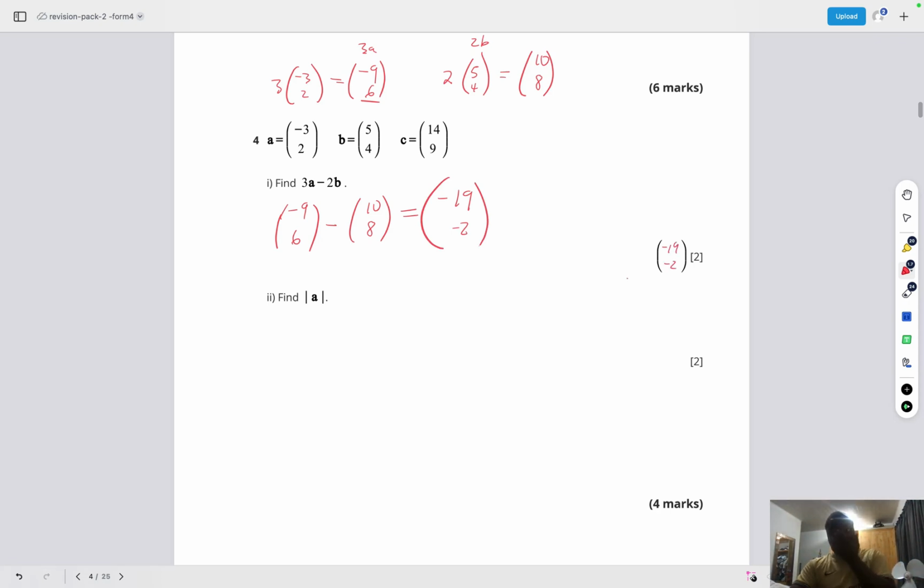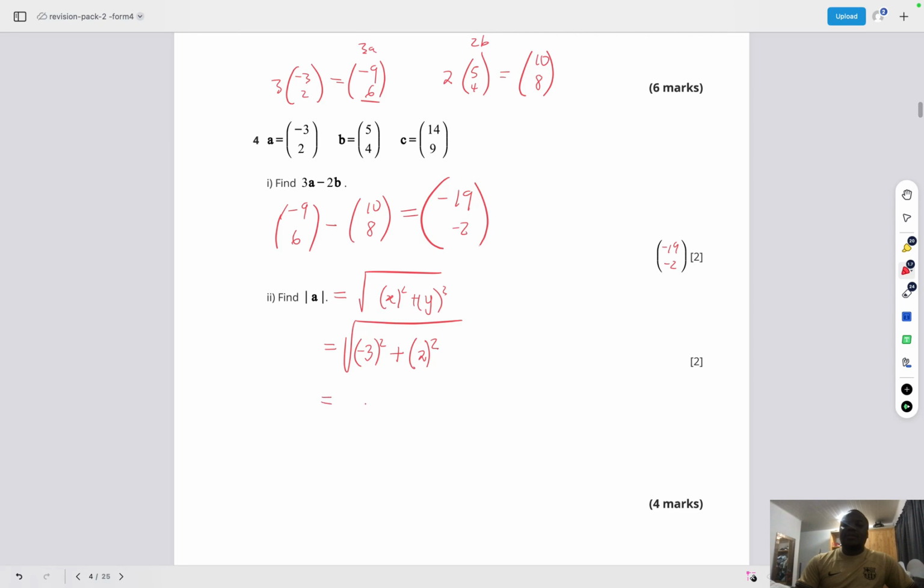Okay, so if we've done that properly, now the modulus of a. These two lines mean magnitude. Again, it is the same formula, which is important for people to know: x component squared plus y component squared. Our x component on a is -3, so we put (-3) squared in brackets, plus our y component, which is 2 squared.